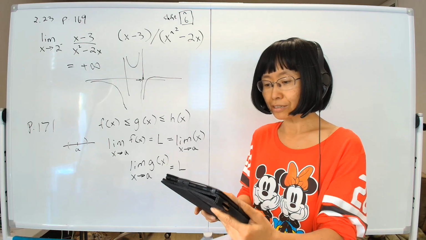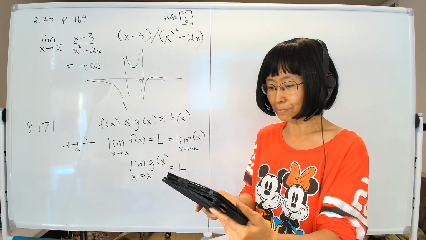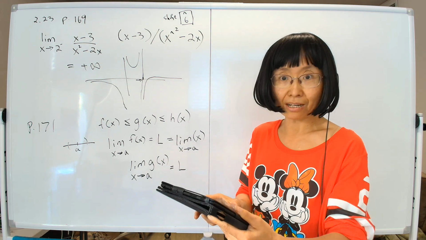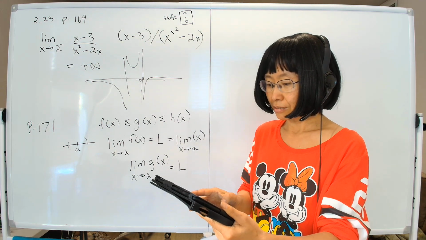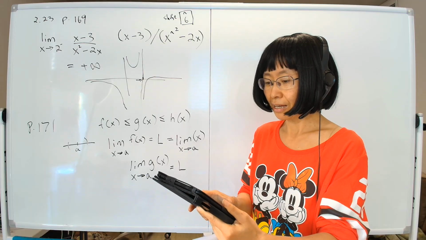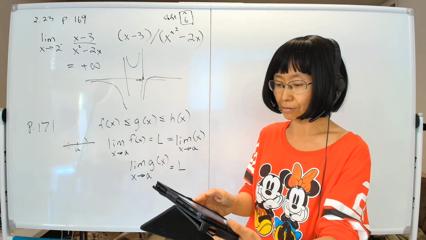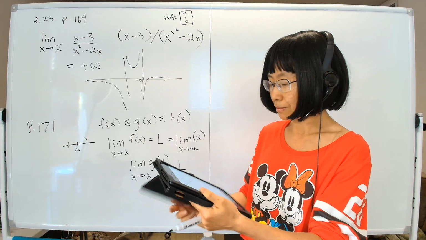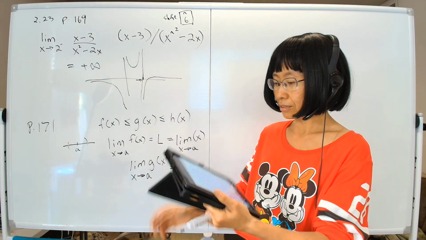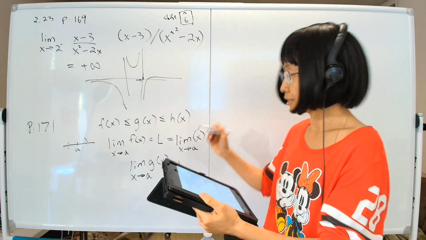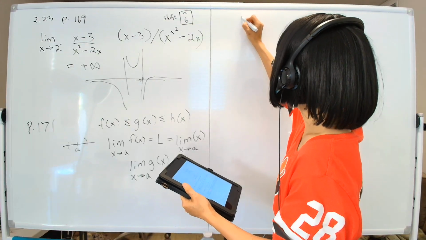Now, after the squeeze theorem, your book talks about something very interesting, but to me it is not relevant at this point. Your book is going to talk about something like sine theta is less than theta is less than tangent theta.